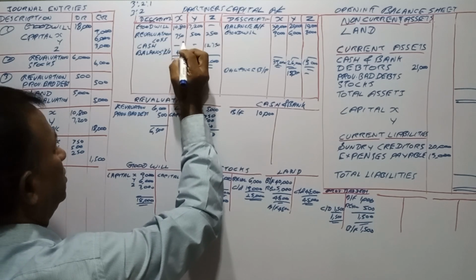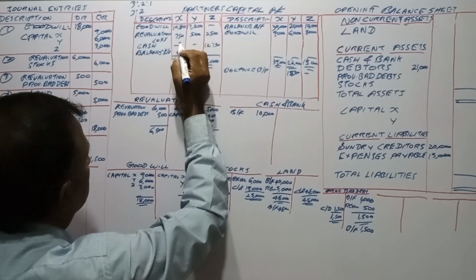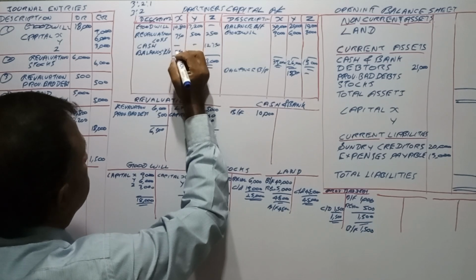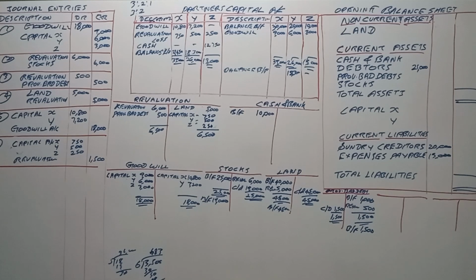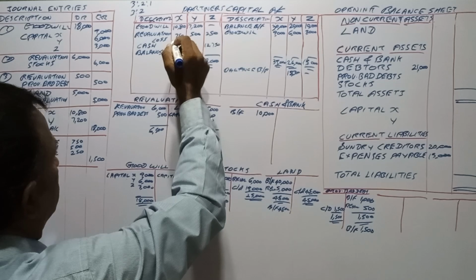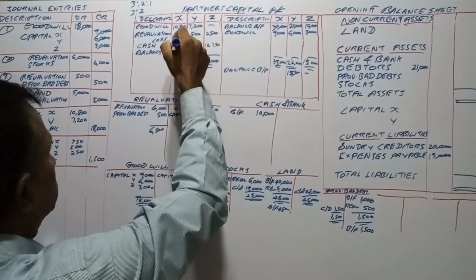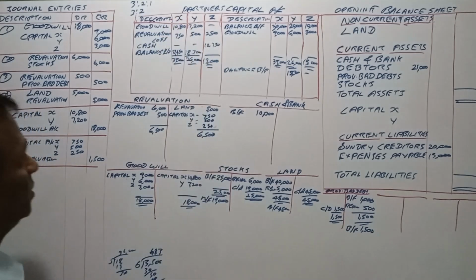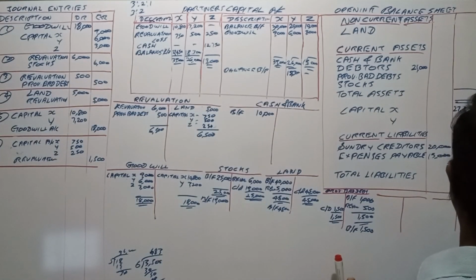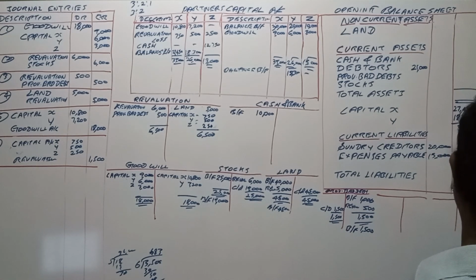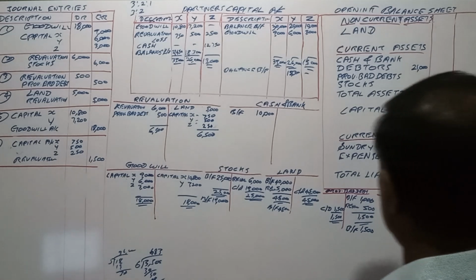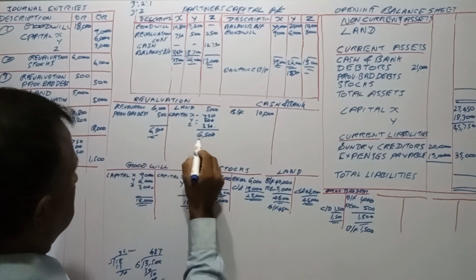Then 27,450. Adding 27,450 and 18,300, and 750, the total is 45,300. Okay, the revaluation is transferred, so no balance carried down.